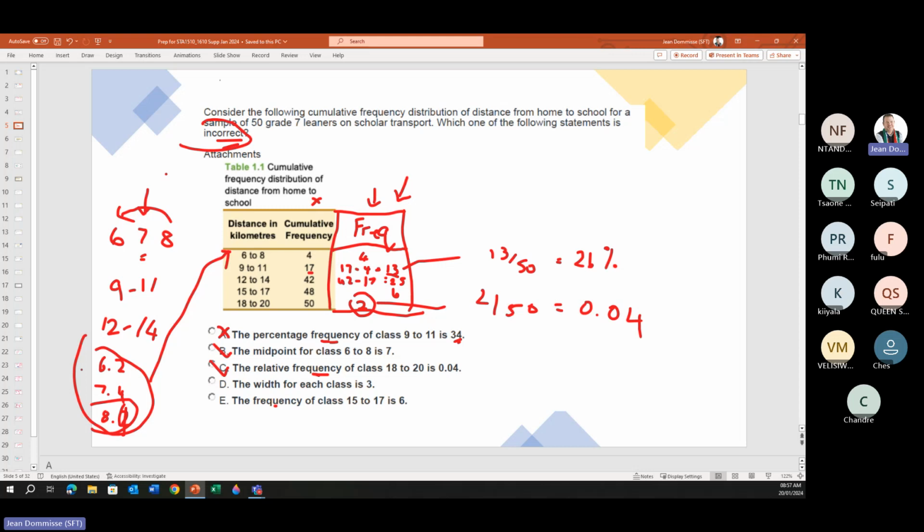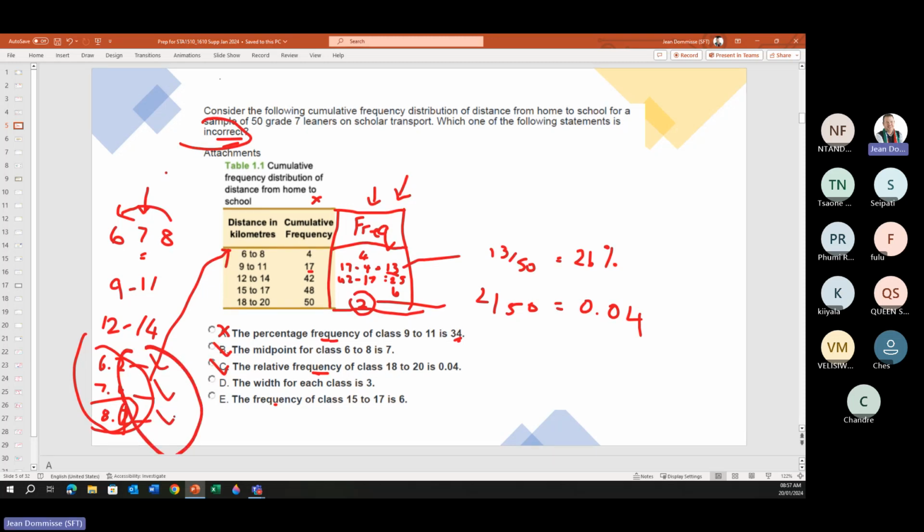So class width will then be all your 6s, all your 7s, all your 8s. So it will be 3. Okay, so just be very careful, especially when they say 6 to 8, then it includes the 8.